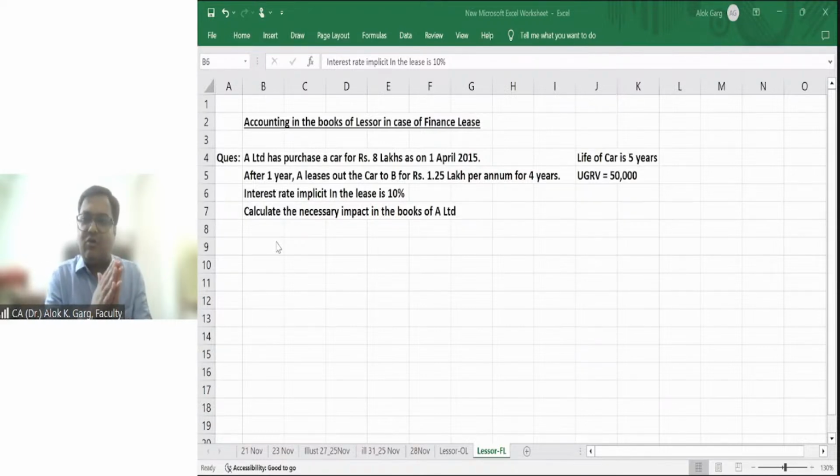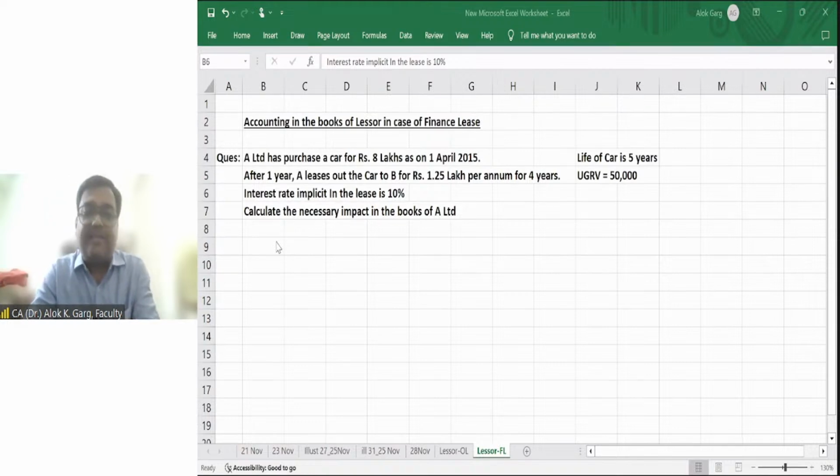If the lessor is not transferring a risk and reward, then the lessor has to do the asset accounting as per Ind AS 16 and the lease accounting as per Ind AS 116. But if the lessor is also transferring the risk and reward, in that case, the lessor has to de-recognize this asset, because it is the lessee who is recognizing this asset for the lifetime. So it is the lessor who will de-recognize the asset, and lessor will recognize the finance lease receivable.